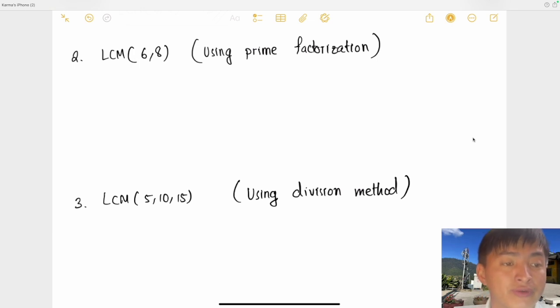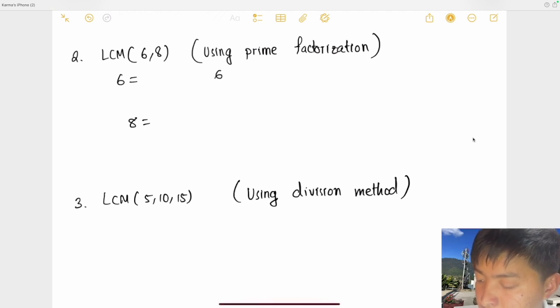We are asked to find the LCM of 6 and 8 using prime factorization. Now in this method, first we have to factorize both 6 and 8 into prime factors, and we know that 6 is nothing but 2 times 3.